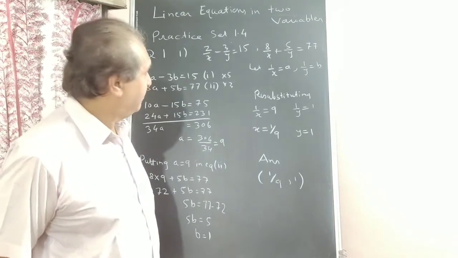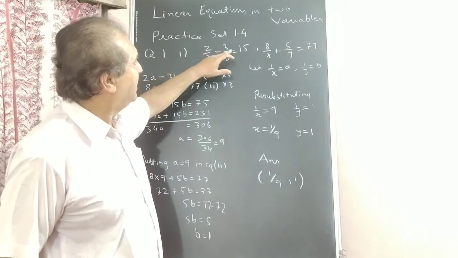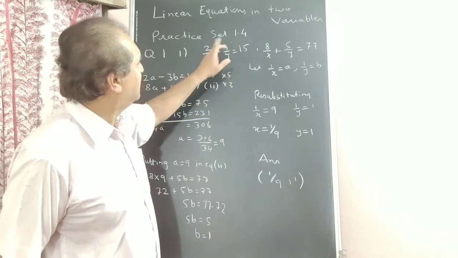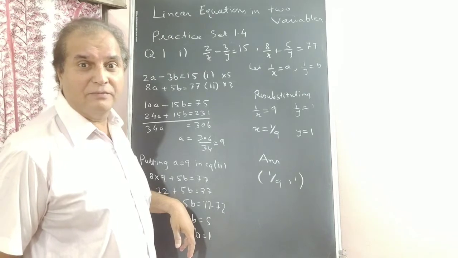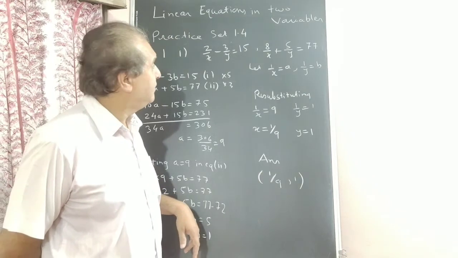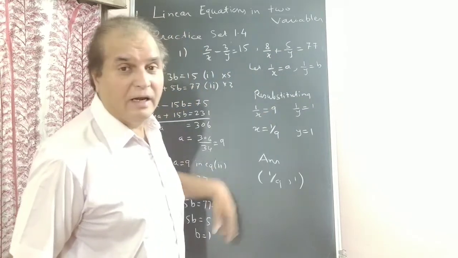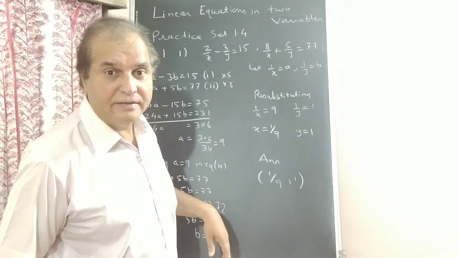See the sum. 2 upon x minus 3 upon y equal to 15. If you directly multiply to get 2y minus 3x equal to 15xy, then they become 3 variables, very difficult to solve. Even 8 upon x plus 5 upon y equal to 77. From these sums, you have to find x and y.